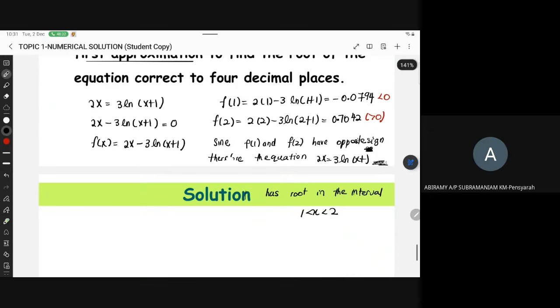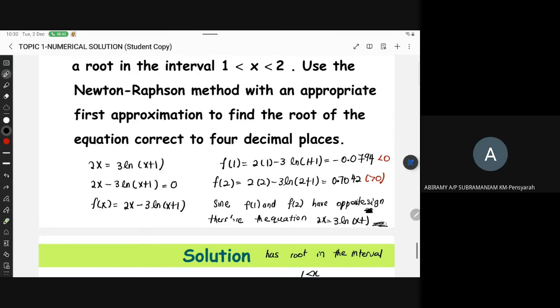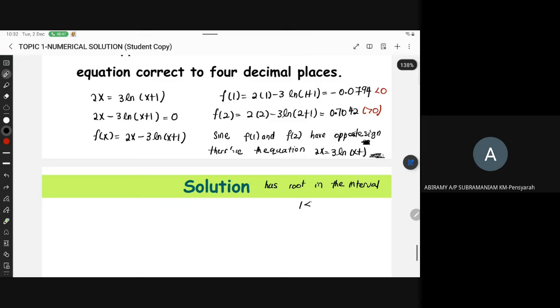Usually the first approximation is the mid value, so the mid value between 1 and 2 will be 1.5.